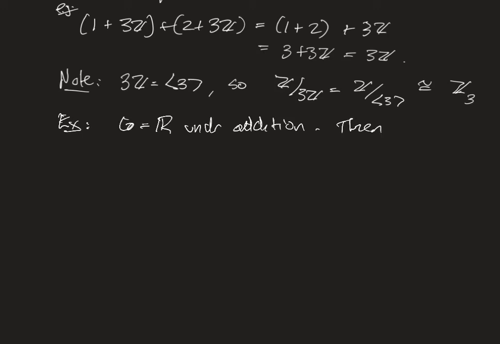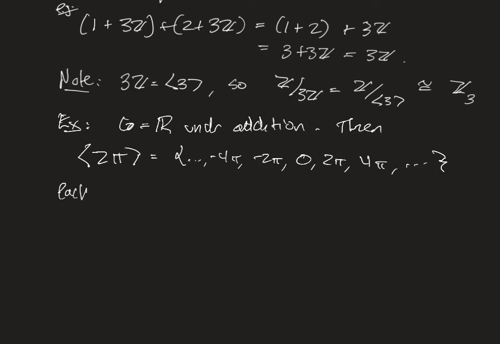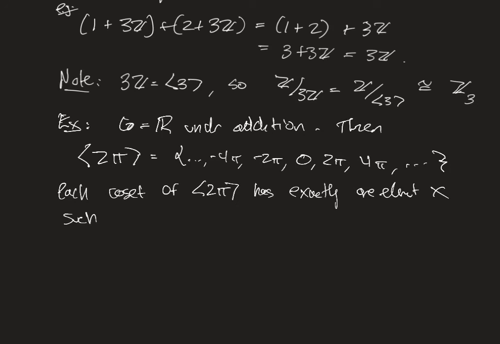Then the cyclic group generated by 2 pi is, of course, the set {..., negative 4 pi, negative 2 pi, 0, 2 pi, 4 pi, ...}. And each coset of <2 pi> has exactly one element x such that 0 is less than or equal to x is less than 2 pi.